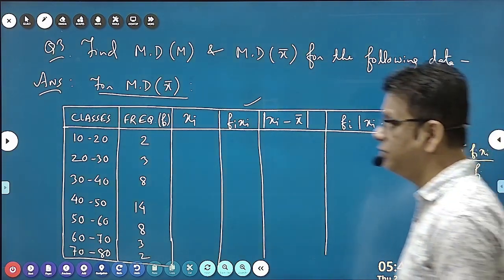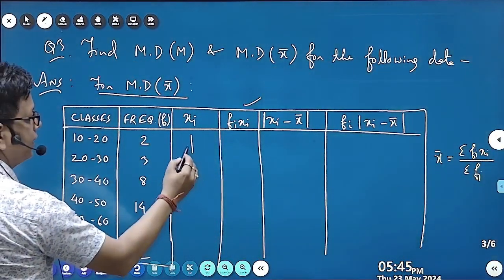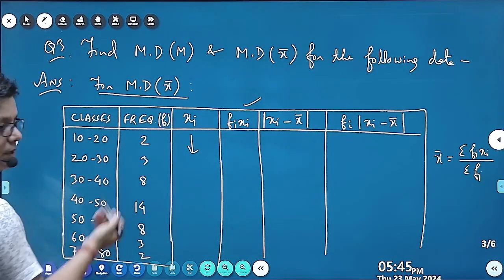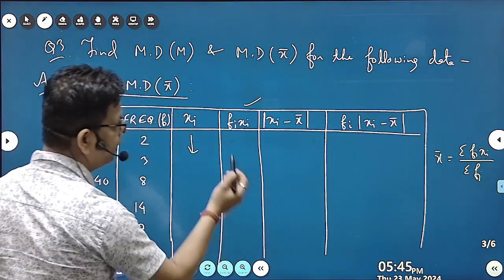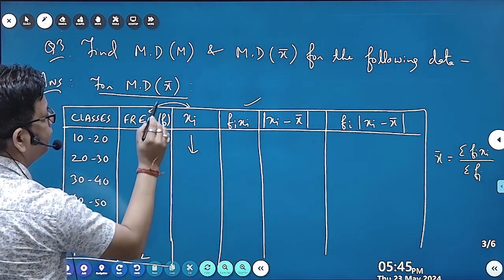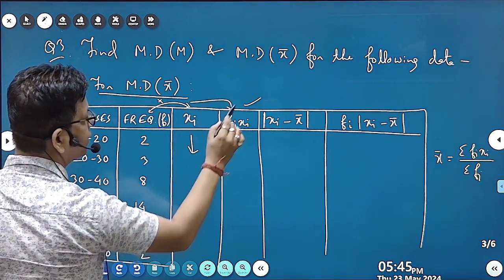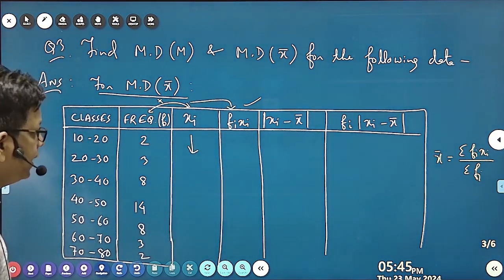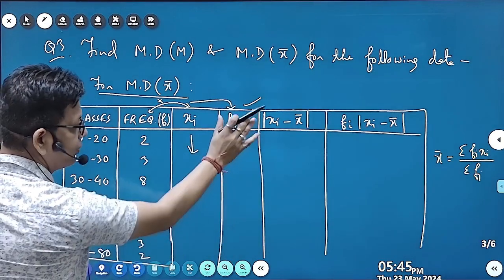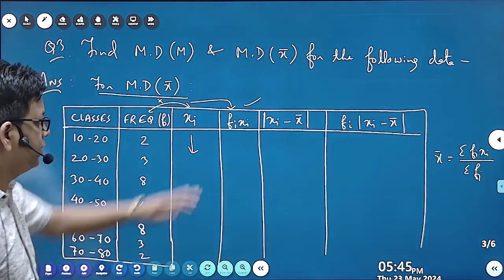Now listen for 2 minutes very carefully. So what you'll do, first you'll find x bar. This one is already known to you, the class mark. Okay, then fi xi, you know what to do. This fi and this column, you will multiply. Okay, then you will be getting this. Is it clear? Then after this, for the time being, you stop and go to the formula. You notice you have to stop. Why?